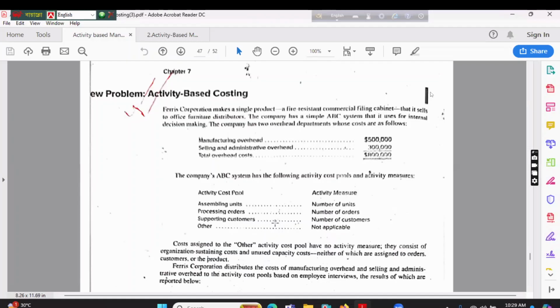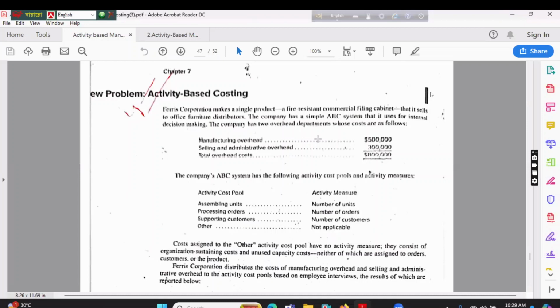Review problem, activity-based costing, Garrison, Noreen and Brewer. Ferris Corporation makes a single product, a fire-resistant commercial filing cabinet that it sells to office furniture distributors.